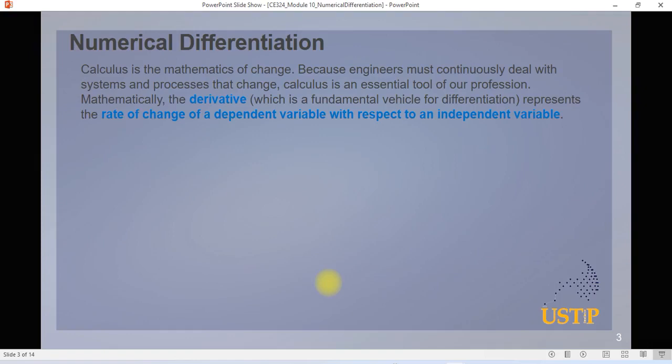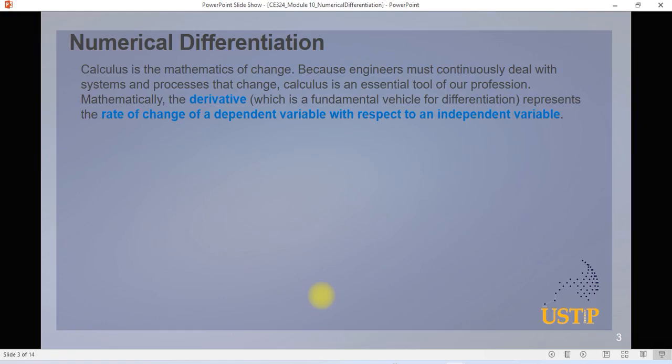When we say delta y or delta x, that refers to change. So that's basically the definition of calculus. For differential calculus, that is the representation of change. Because engineers must continuously deal with systems and processes that change, calculus is an essential tool of our profession.